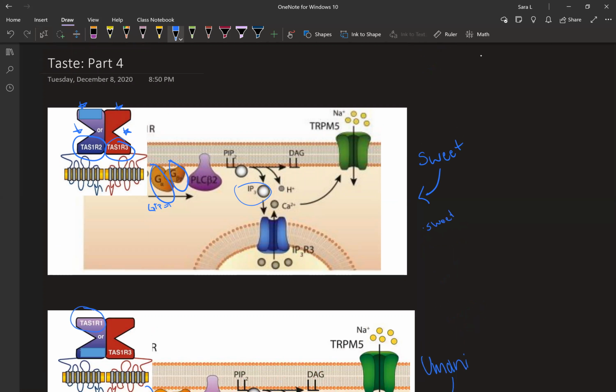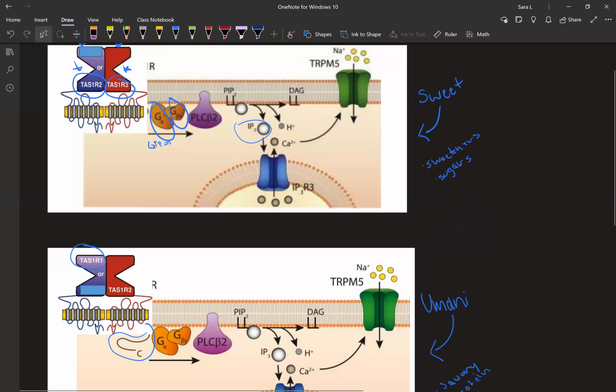That is what we're going to sense when we have this activated. Sweeteners and then sugars. So as similar as these two are in terms of the actual mechanism, it's interesting because we actually taste very different things. So it's something to keep in mind that even though the mechanism can be similar, we might end up tasting very, very different things.